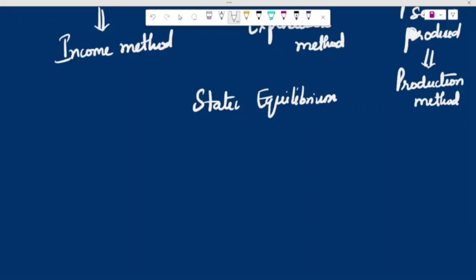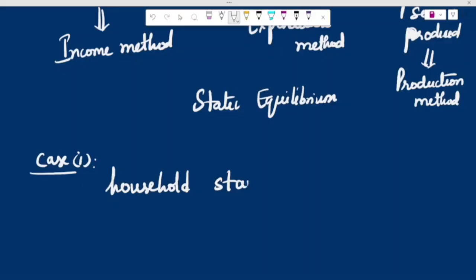So take case one. Some people started doing something called savings. Households started to save. They got 100 rupees as income or wage.